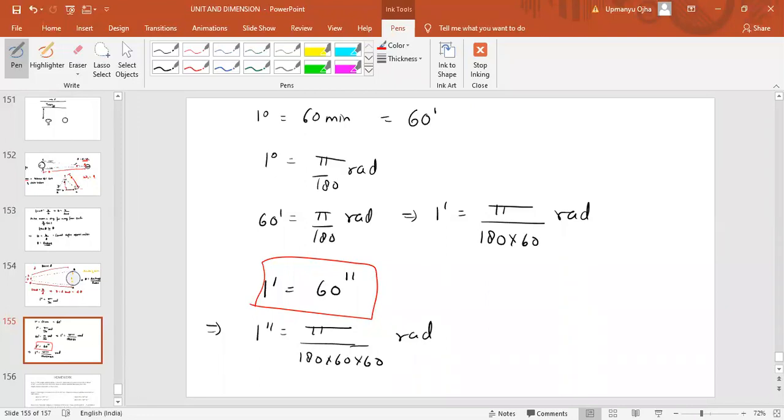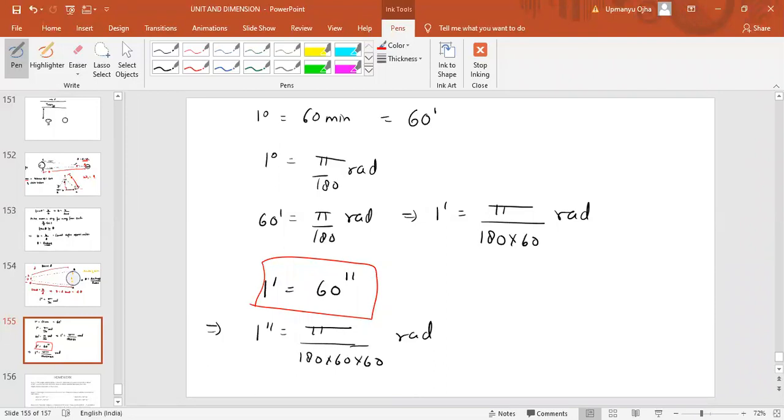Don't get confused here with time. Second is a measurement of angle only. When I say 16 minutes, it means it is an angle only, not time. So to measure a very small angle, in the question they can give you, with this we are calculating the parallax method.